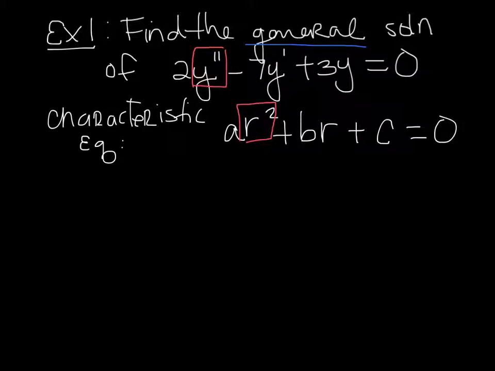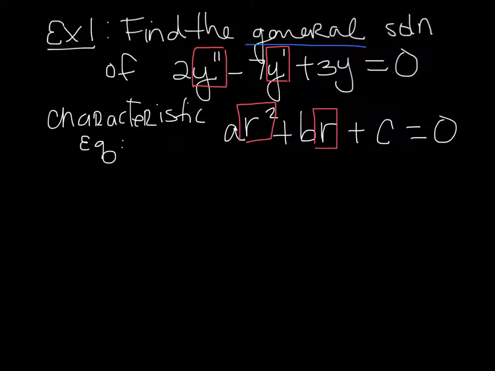Our 2 is our a, but our a is general. We have y prime, and we have r. So second derivative, second power. First derivative, that's really the first power. No derivative, so there's no r here.